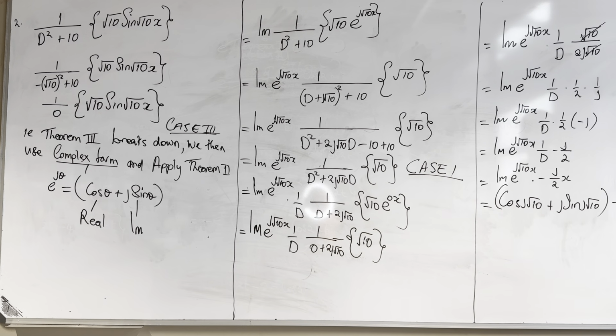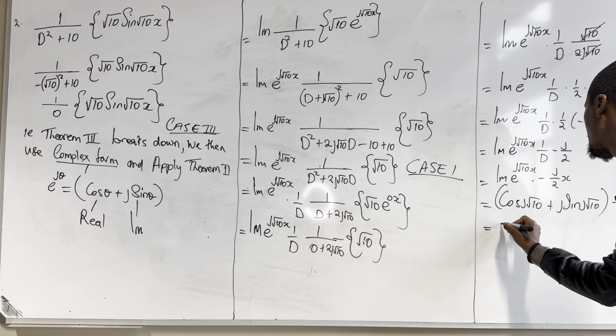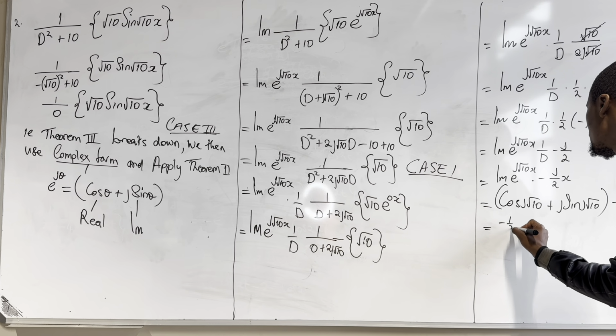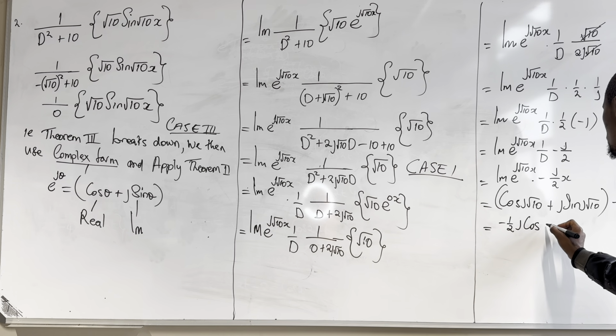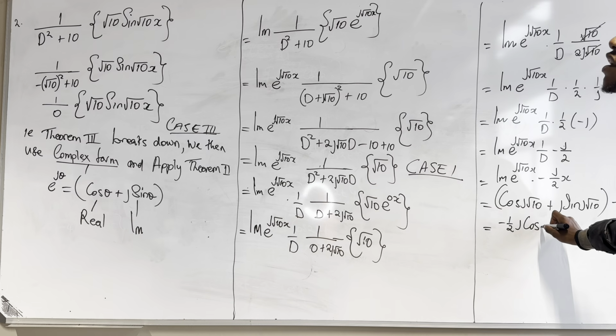Okay, and then if we times here, so we have what? We'll have this times this, so we'll have something like a negative 1 over 2, and then we have a j, and then we have a j cos of j. Is it j there?